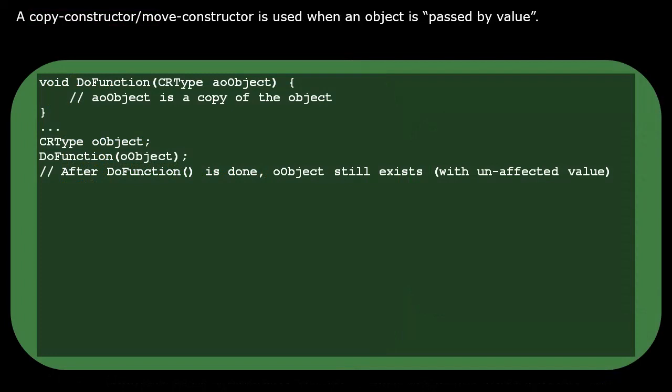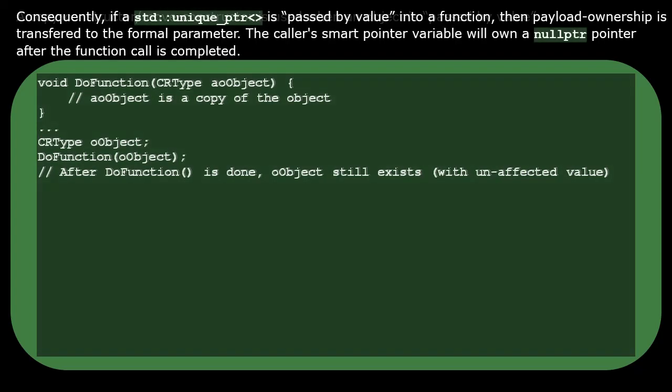Whenever an object is passed by value into a function, a copy constructor or move constructor is always used. Again, a unique pointer requires you to use move semantics.